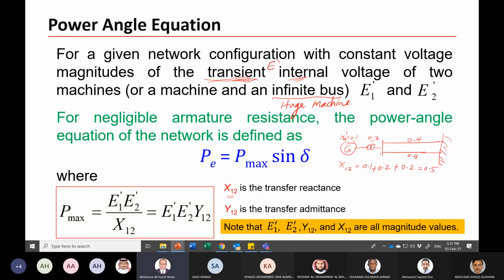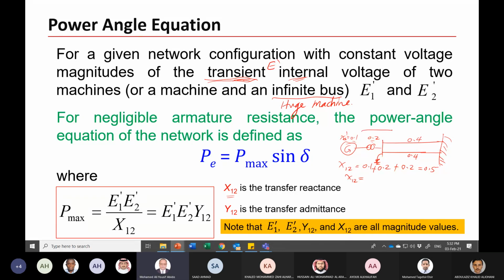Right. If we have a three-phase fault here, can you get X12 during the fault? Ayub, Khalifa? 0.3. You mean 0.1 plus 0.2?